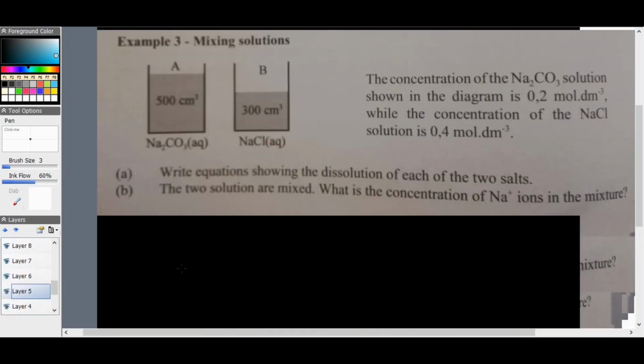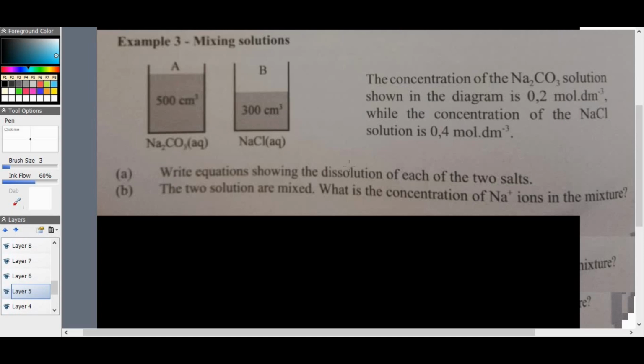Alright, so on the screen there quickly, let's take example 3 of a more complex calculation, which is mixing certain solutions under concentration, or the mole concentration. They say the concentration of sodium carbonate solution, shown in this diagram, and this is from the textbook by J.M. Lucas, which is just called The Science Tutor, grade 11, physical science.